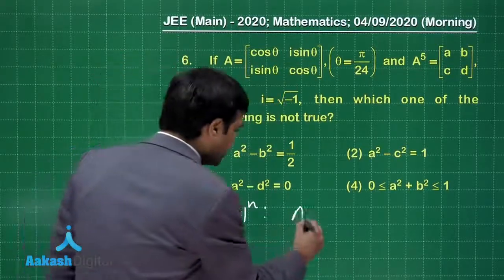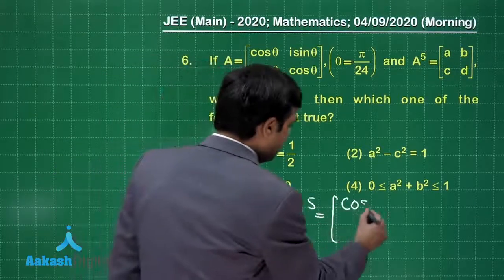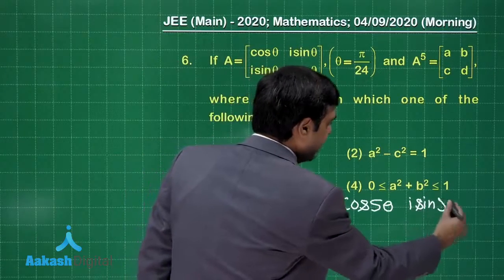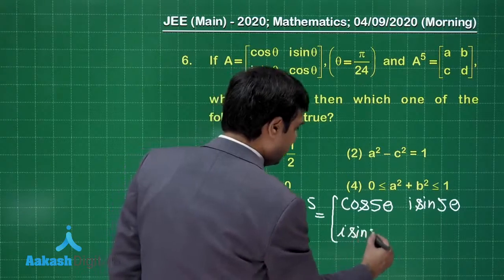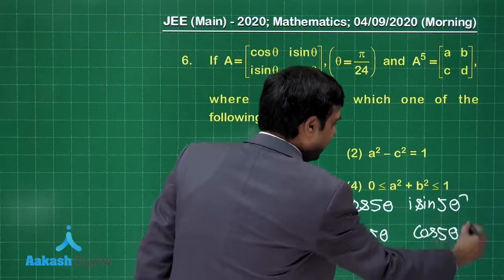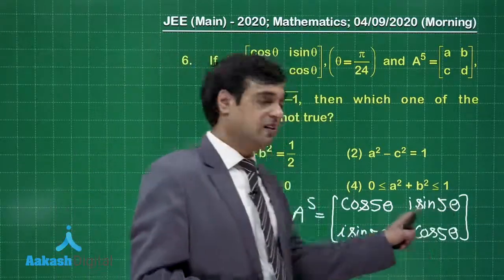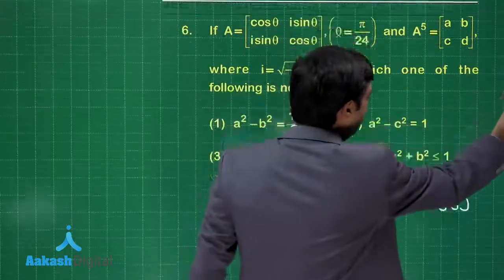When you go for this power A5, you observe that it is cos 5 theta, iota sin 5 theta, iota sin 5 theta, cos 5 theta. In fact, if you go for power n, you will get cos n theta, i sin n theta, i sin n theta, cos n theta. Now this is given to me as ABCD.